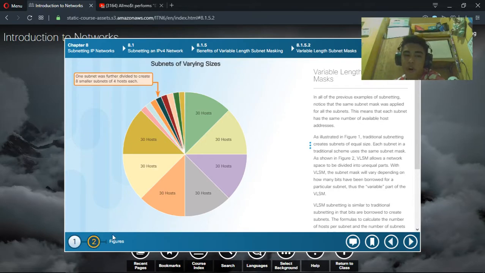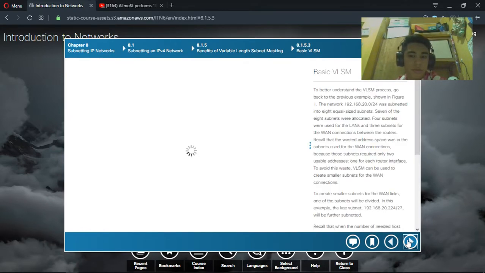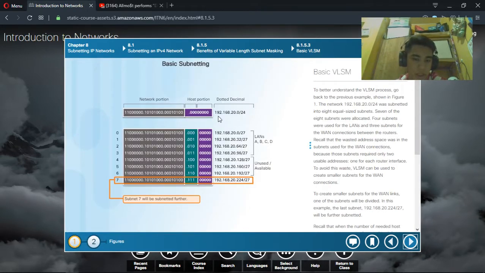For myself, as I understand VLSM, it is a subnet of subnets, to make the size of the host smaller, or to divide each into different IP or different host addresses.